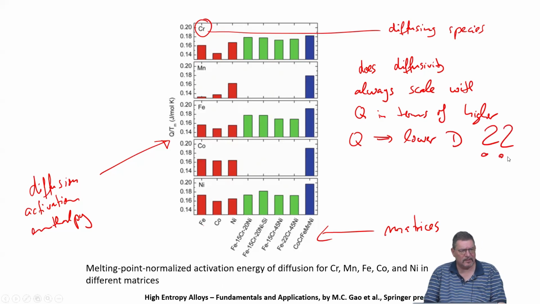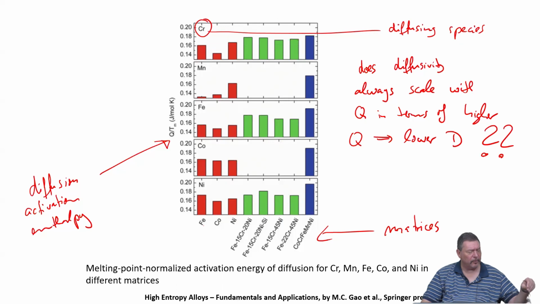And this suggests by the authors that basically higher activation enthalpy for diffusion means more sluggish diffusion. Would you guys agree? Would you say this plot confirms that there is sluggish diffusion in high entropy alloy?